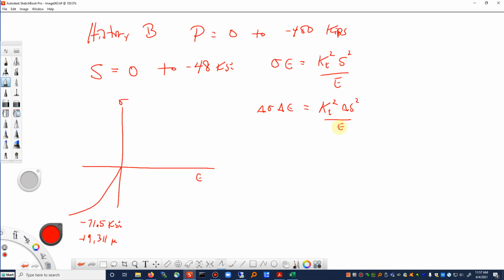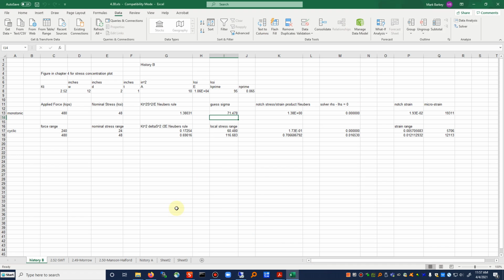So I am going to go to my spreadsheet, and I have a force range of 960. My nominal stress range is 96. Okay, and I'm just going to say maybe that's 50 for my initial guess.